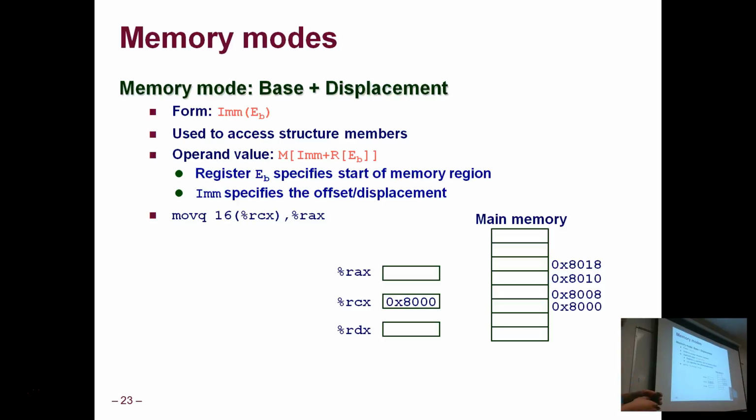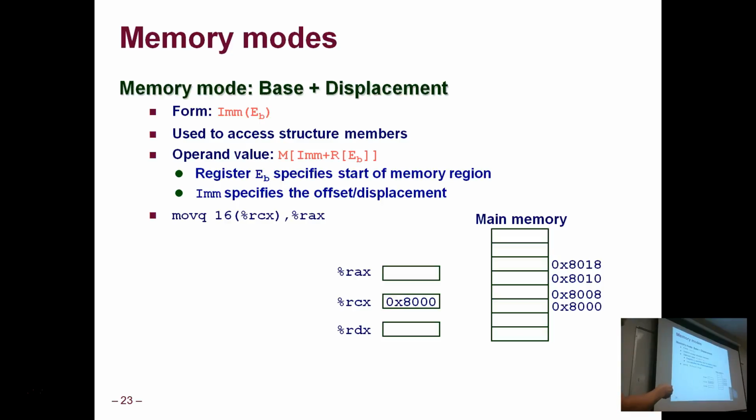Next, base plus displacement. Here is your structure in memory, and the base of your structure is at hex 8000. Base plus displacement says, here's your base in RCX. It has an address, and the address is hex 8000.